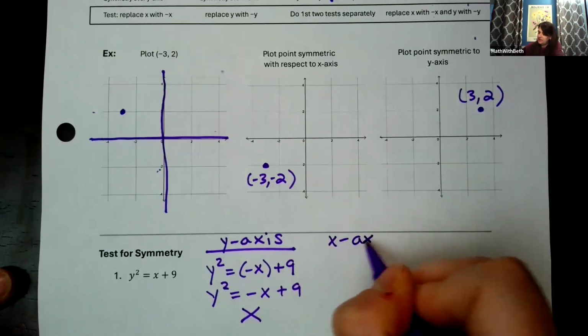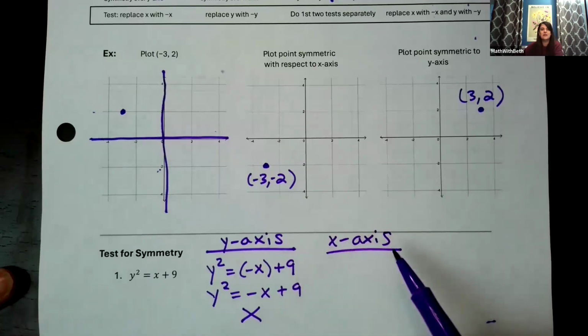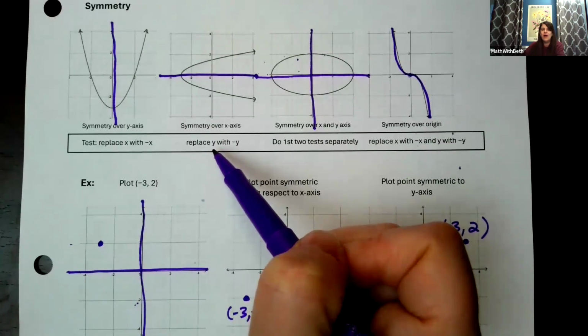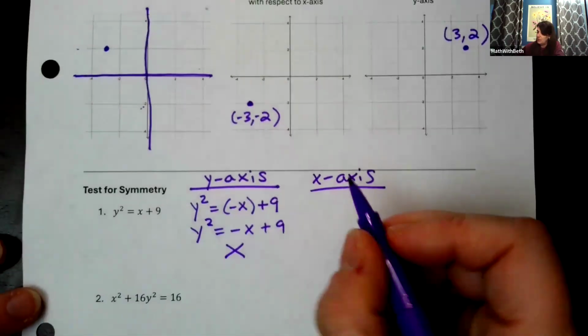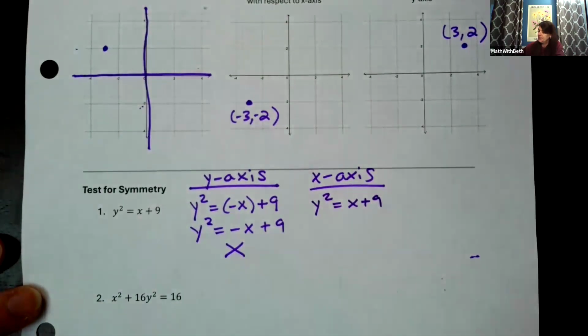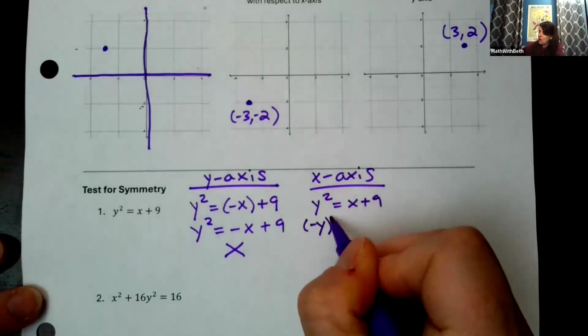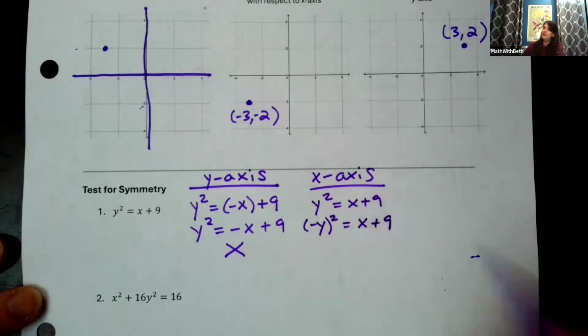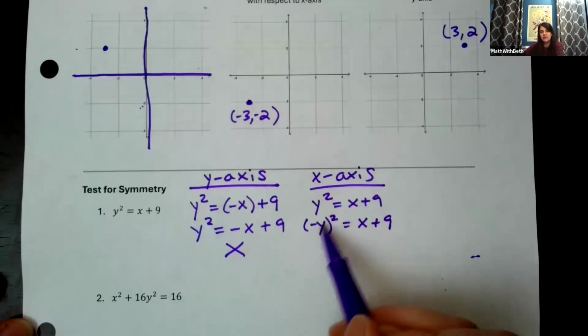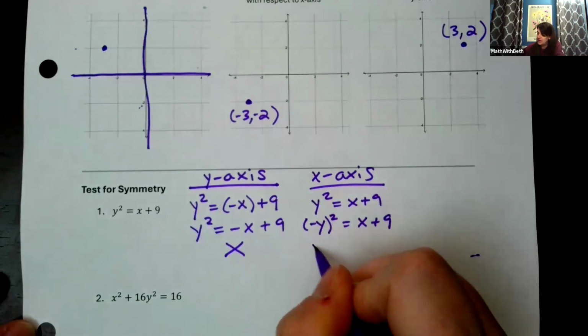Now let's test if it's symmetric to the x-axis. That test is, I'm going to replace the y's with -y, and again see if it becomes the same way it started. If I replace the y with a -y, it would look like that. And this time I can make this look nicer by doing the squaring, because squaring a negative anything turns it positive.